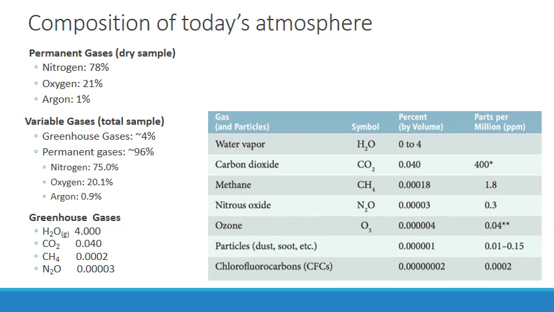So in reality, if we recalculate these minor gases or variable gases as part of the total sample, we'll see that they make up a much larger percent of what's in the atmosphere than you might intuit by looking at the first half of the table.